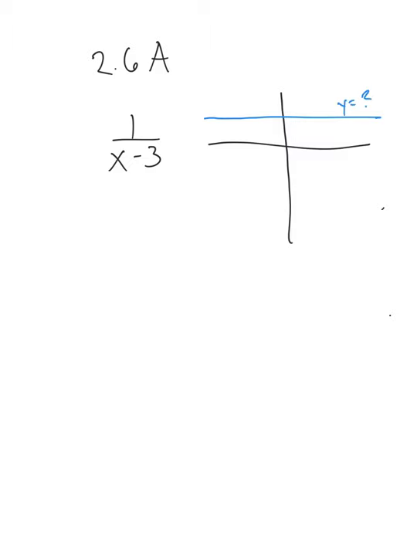To find that asymptote, we look at the largest x's in the numerator, and we compare that to the largest x's in the denominator.